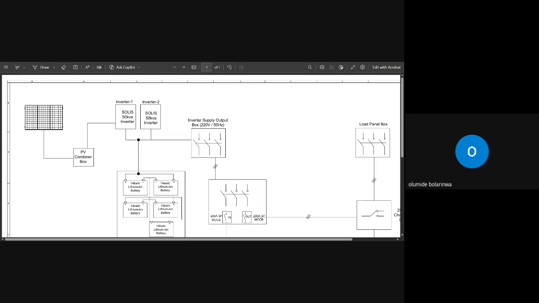So how many solar panels will we be arranging in that area? Remember, 620 watts per solar panel. I'm waiting to know how many solar panels we are using.